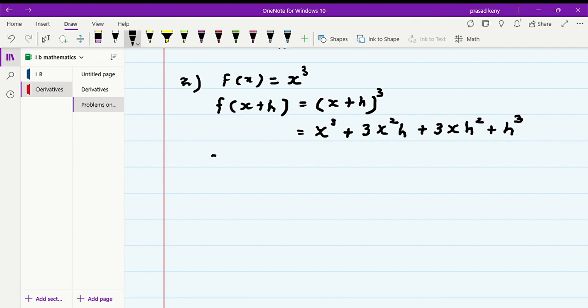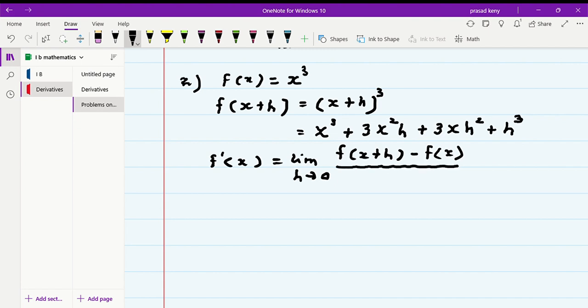So by first principles, f dash x will be limit as h tends to 0 of f(x plus h) minus f(x) upon h. So put these functions here.